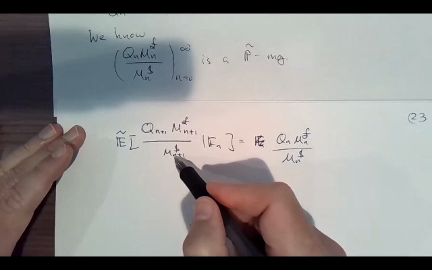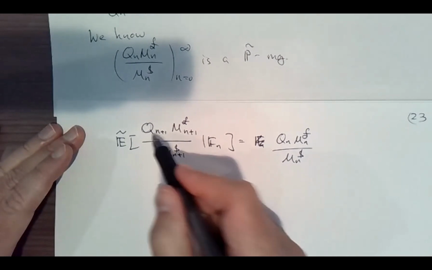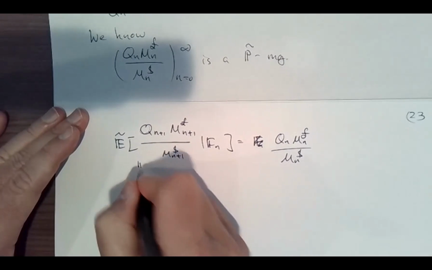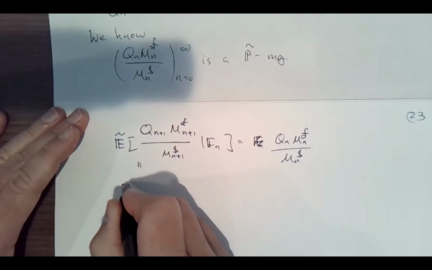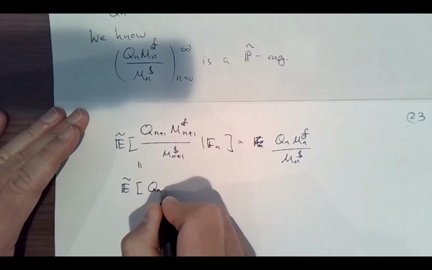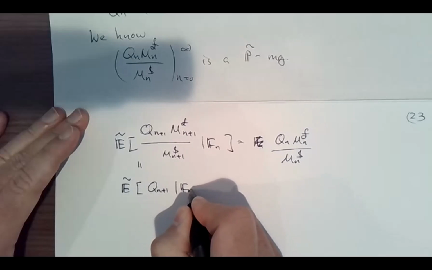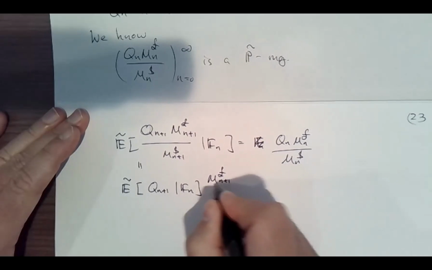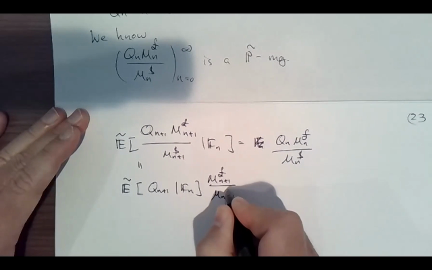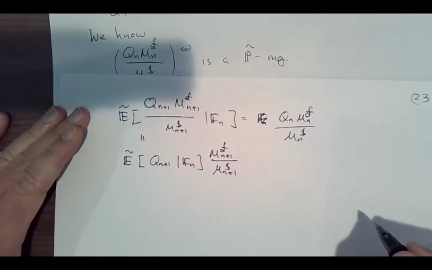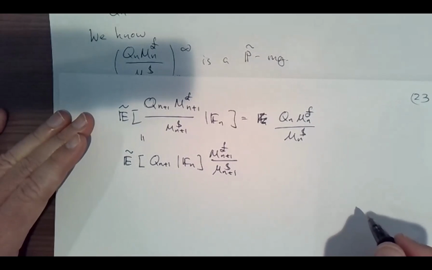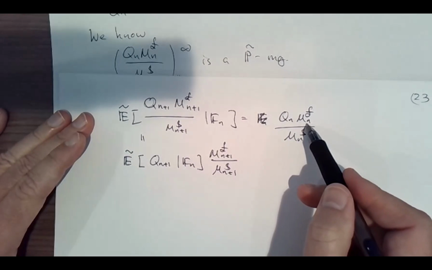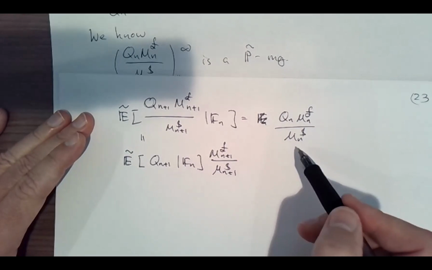But I know that these interest-bearing quantities are non-random, it's Q that's random, so I can pull them outside. I'll put Mn plus 1 pounds here and divide by the same thing. So I know that this equality is true, and I know exactly what the difference is between Mn and Mn plus 1.